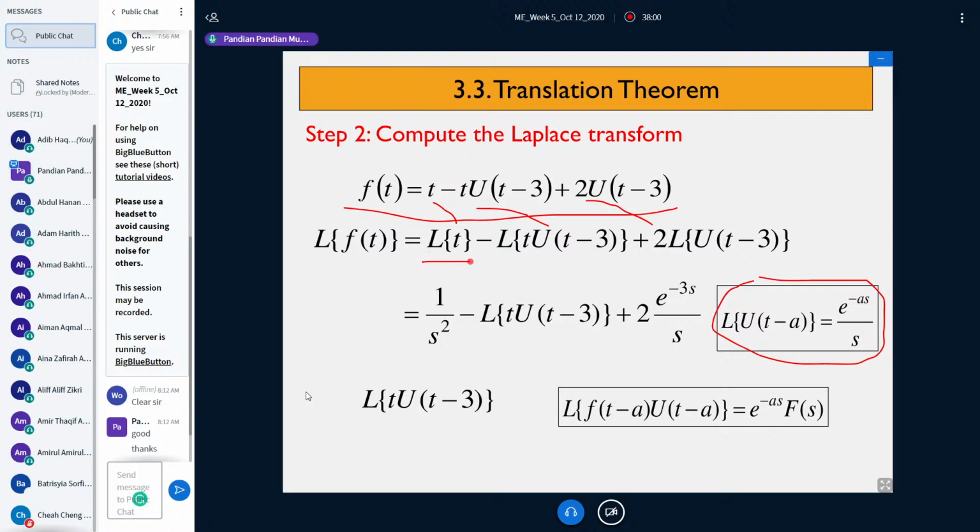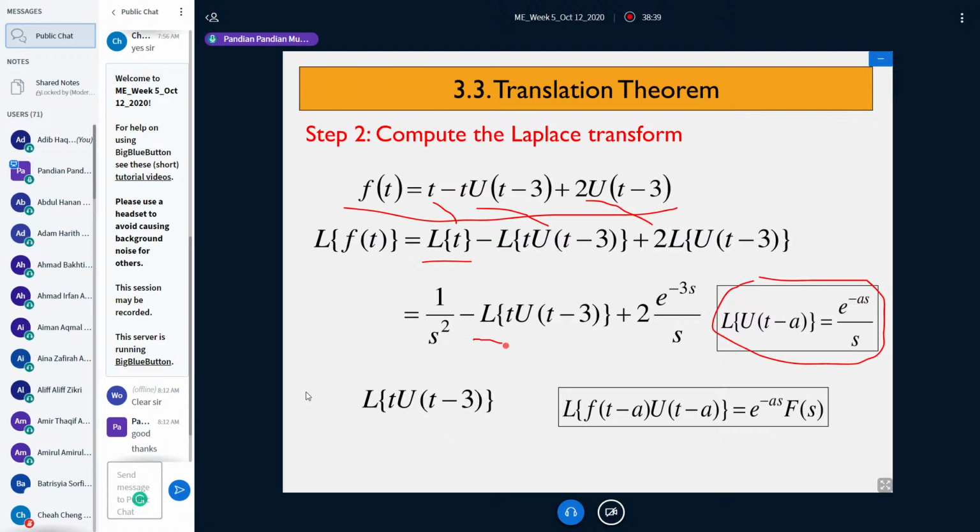But Laplace of t, you can use the formula from 3.1. From the table, Laplace of t power n is n factorial over s power n plus 1. So n is 1, 1 factorial over s power 1 plus 1, which is s squared.